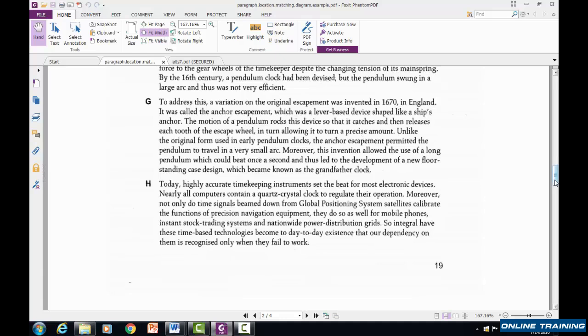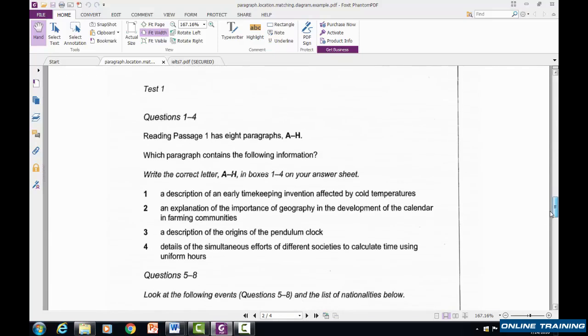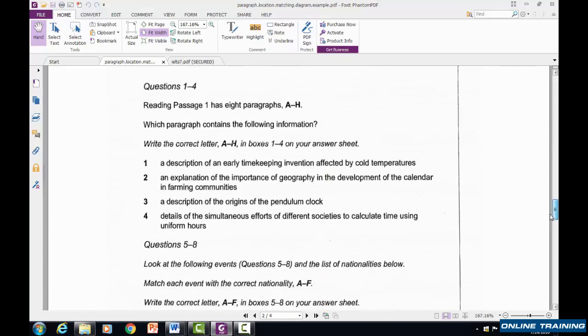There's nothing about farming or that stuff there in paragraph G. And then so we have number 4. Number 4 is paragraph E with the French and the paragraph about the equal hours. And number 3 is F with the description of the pendulum clock. But that paragraph with 1670 talks about nothing about timekeeping and cold temperatures.